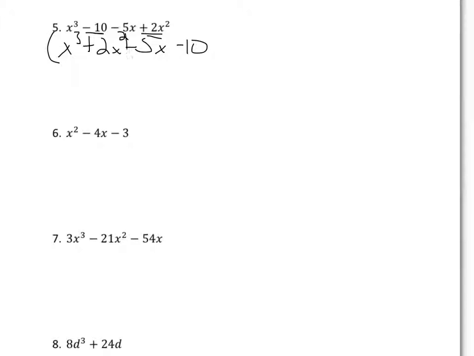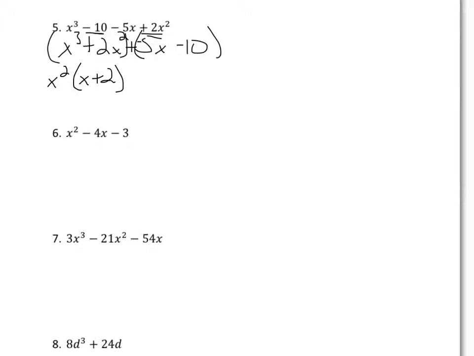Now I'm going to look at these two groups. The biggest thing that is different about this one is that it's minus 5x, so I need the minus to be included in there. Remember, this is like a plus, and I've got a negative 5x in there. Now I'm going to factor out whatever I can. In the first one on the left, the greatest common factor is x squared, so I'll be left with x plus 2.